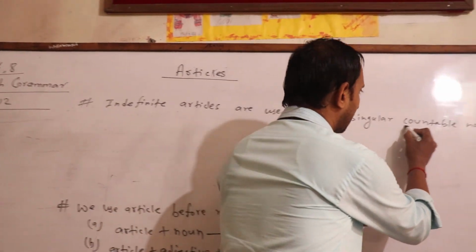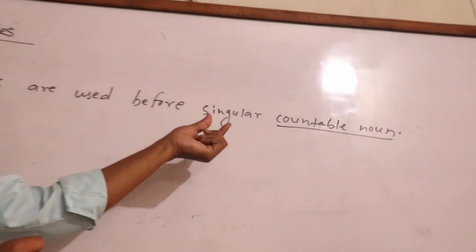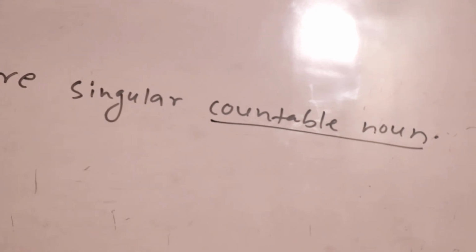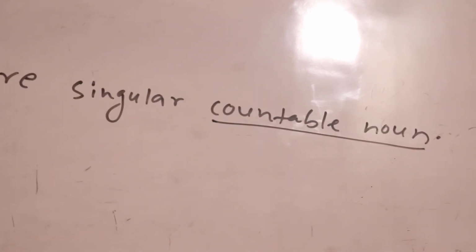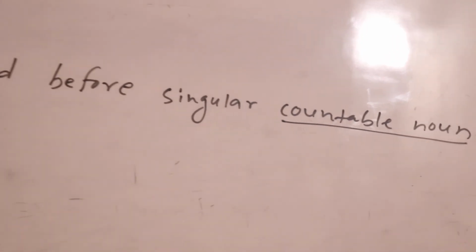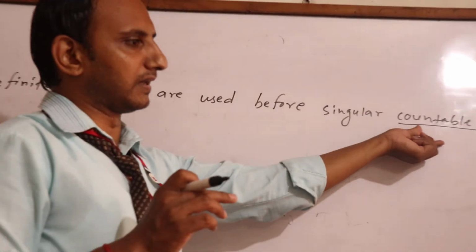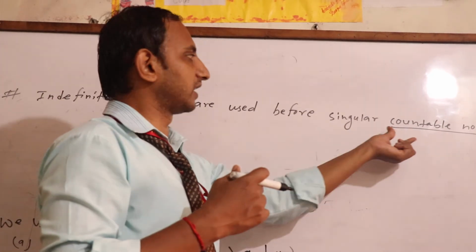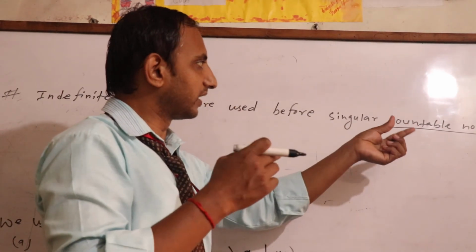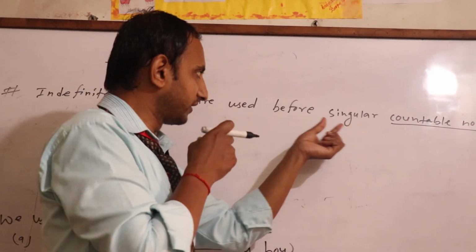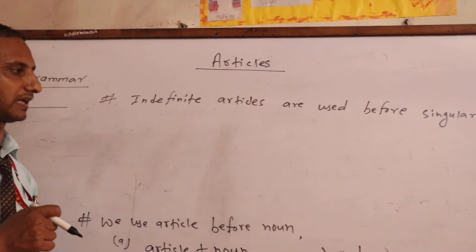Countable noun को अगाडिमा मात्रै. And that must be singular, because nouns are of two types: countable and uncountable. So we should use indefinite articles only before singular countable nouns.